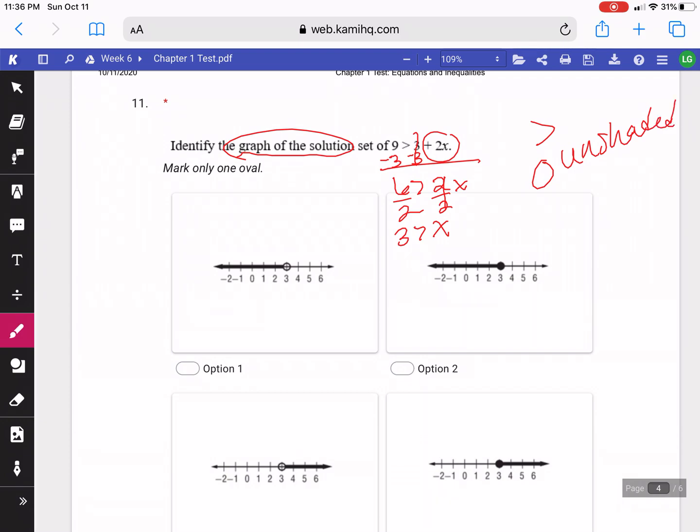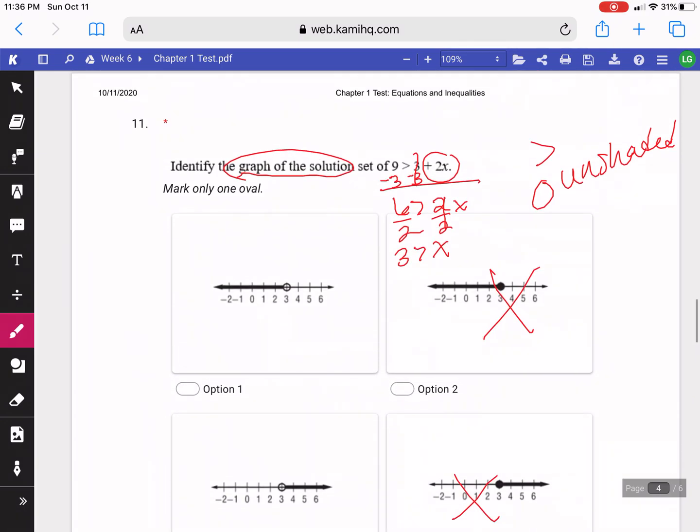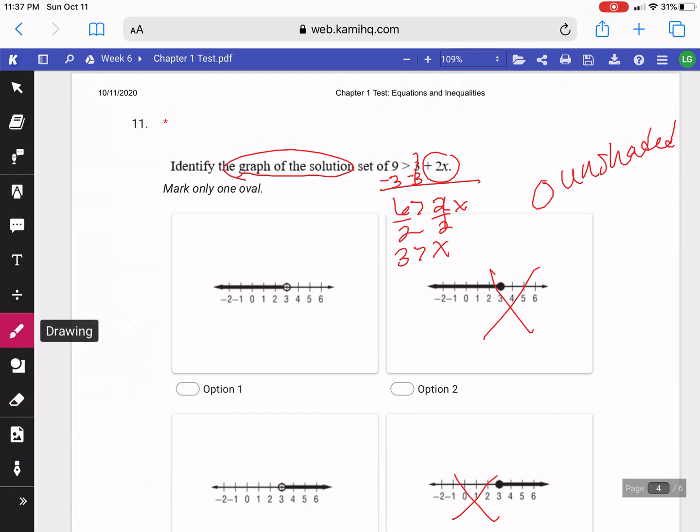So a lot of you eliminated option 2 and option 4. And then here's where some of you went wrong. Remember, before you graph, you want your format to be correct. So your format should have the x in front. So a lot of you forgot to fix the format.